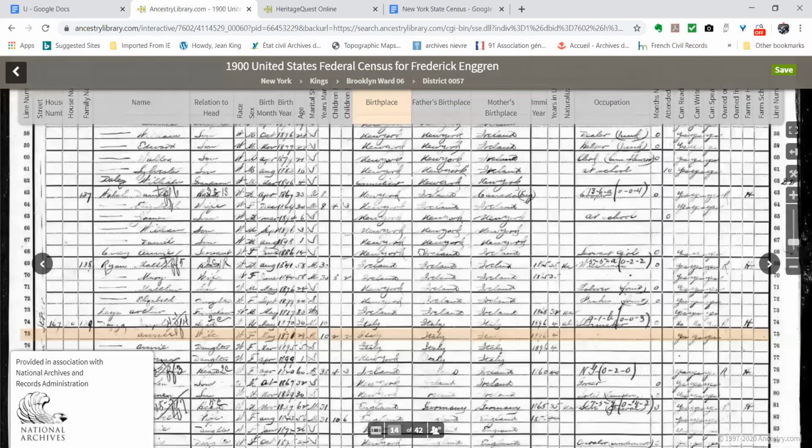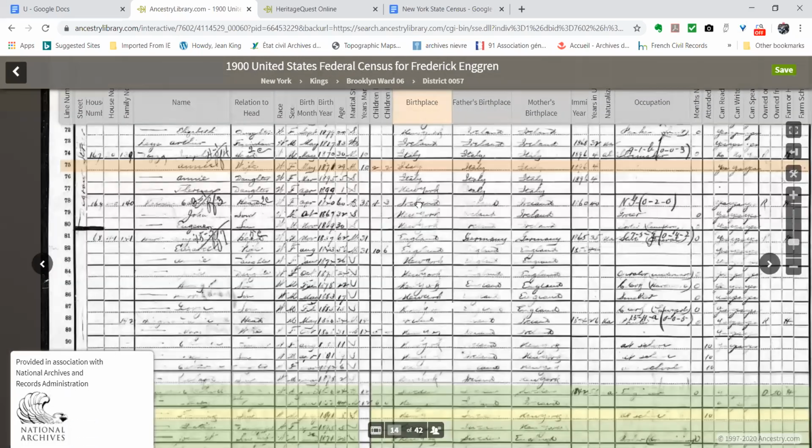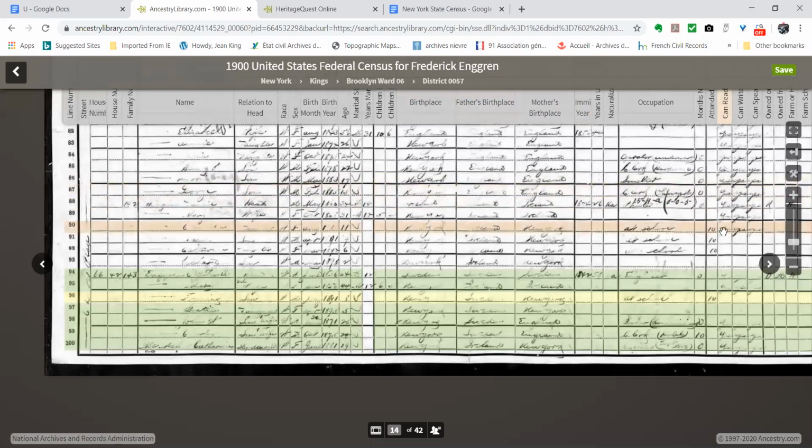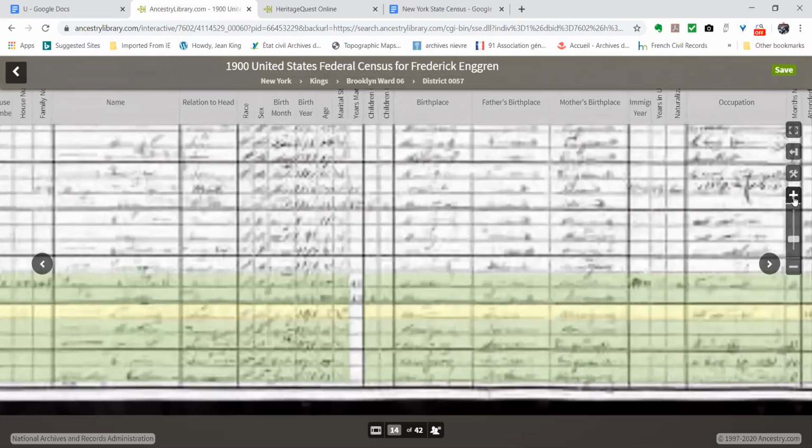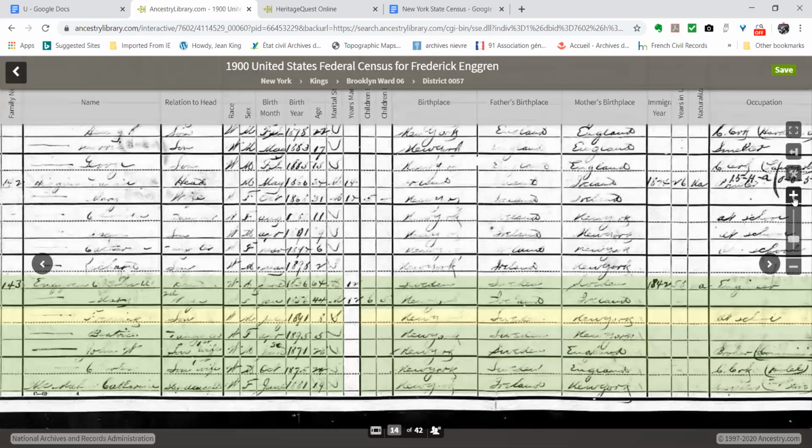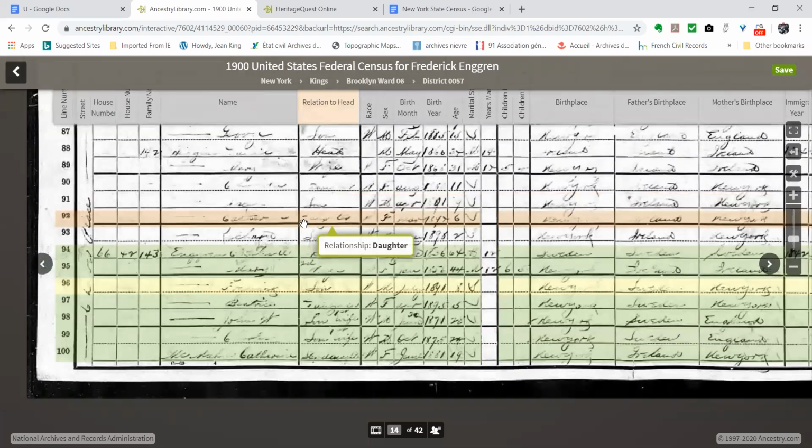Oh, my God. It is really bad. Oh, wow. Here it is. It is pretty horrible. I mean, I knew who should be there, so I was pretty well able to figure out who was who, but it's pretty awful.